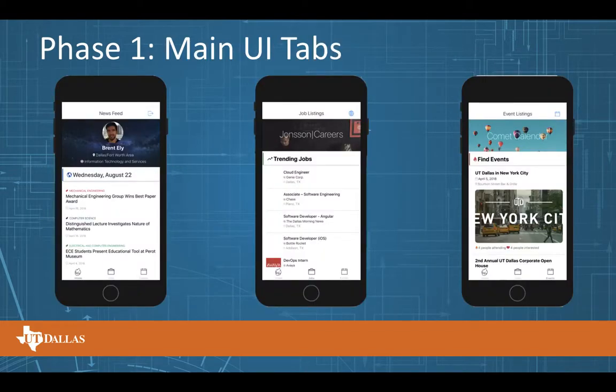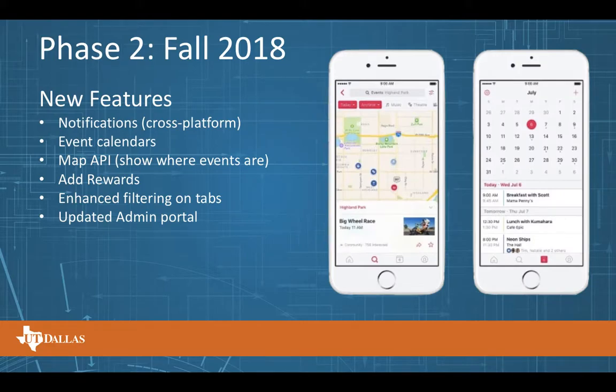The way it stands now, we delivered the core functionality in phase 1, which was a news tab, which is the first thing that comes up, this little home tab down here on the left. And we have jobs and events that are data-driven, where the UTD staff actually puts those into Firebase, and the application reads from those. So again, pretty neat.